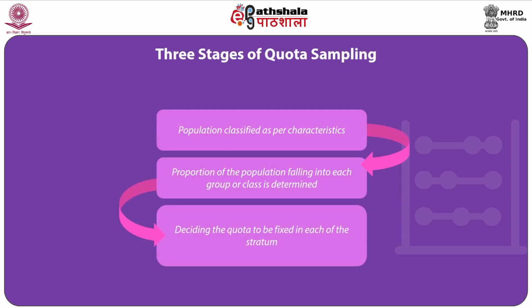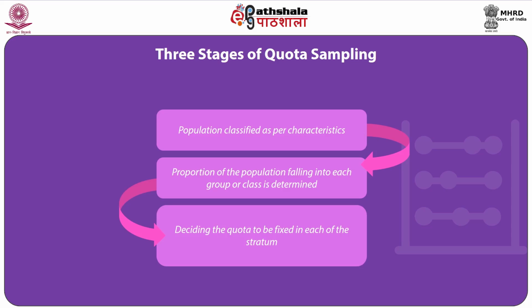Quota sampling is usually carried out in 3 stages. Firstly, the population to be studied has to be classified in terms of properties known or assumed to be pertinent to the characteristics being studied. Instead, the researcher will decide according to individual choice or judgment, but from different strata, that is, groups.